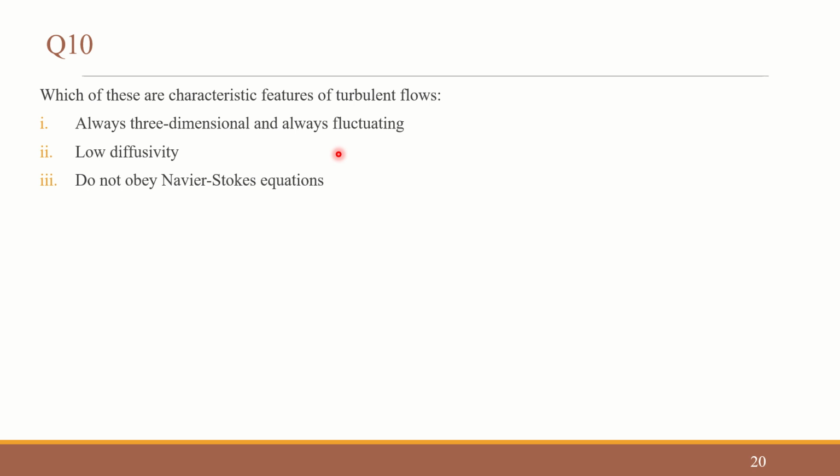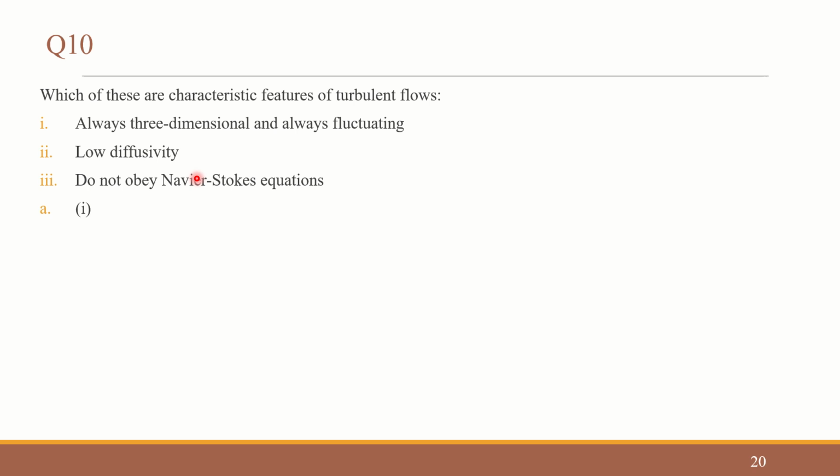Again, this is false because turbulent flow systems obey Navier-Stokes equations. We are not going with the traditional way of solving because it is very difficult to get the solution. Therefore, we use methods like Reynolds average Navier-Stokes equations to get the turbulent flow solution. So first one is true, second and third are false.